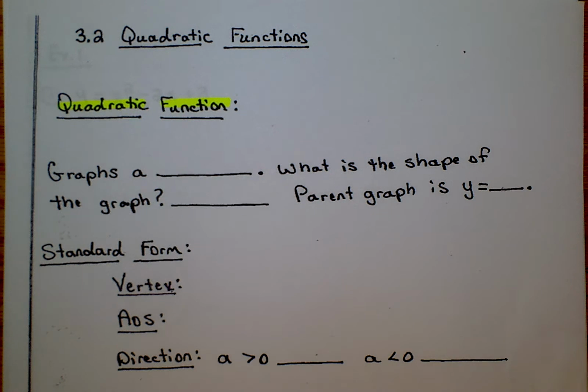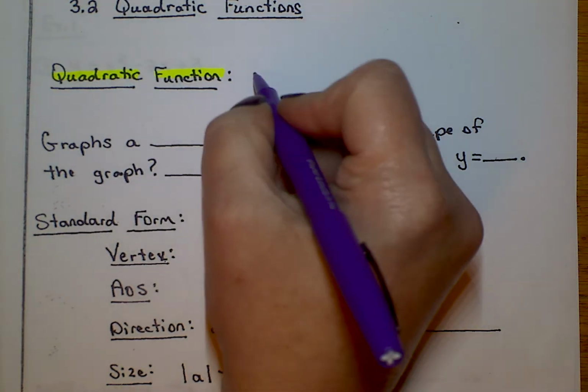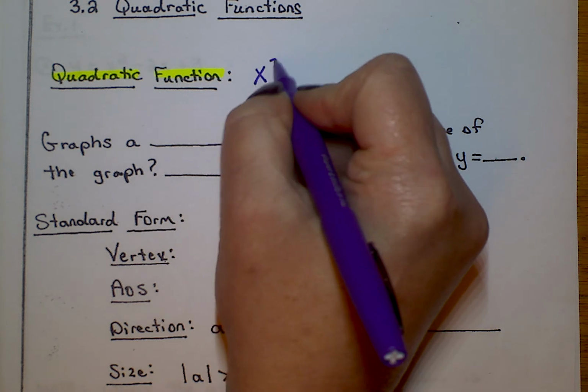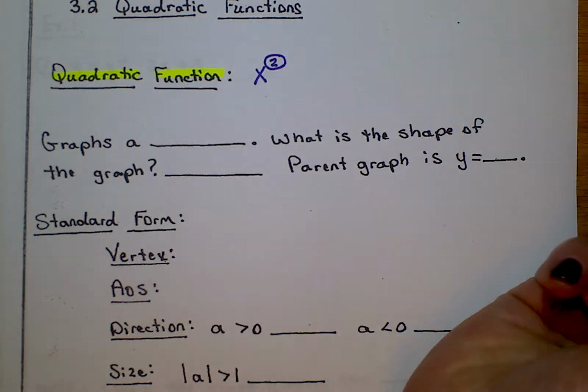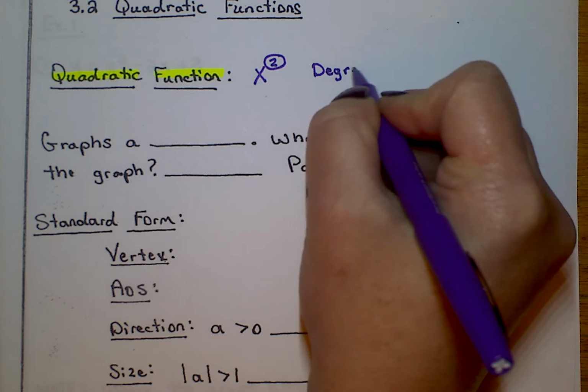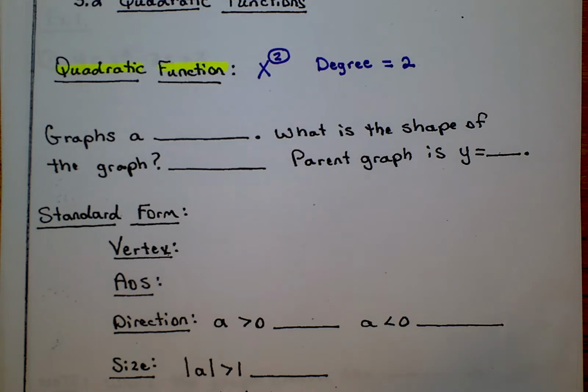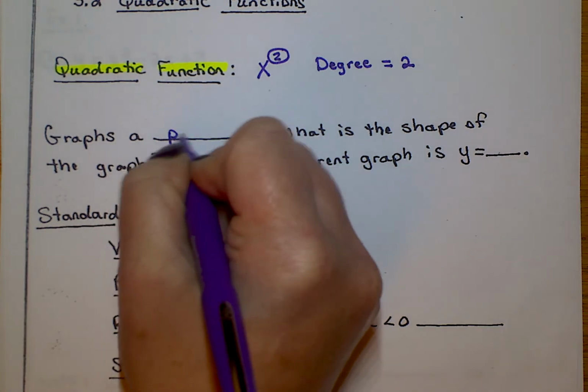So as we review, remember that a quadratic function has the highest exponent of 2, and that's called your degree. So your degree equals 2. It's going to graph a parabola.